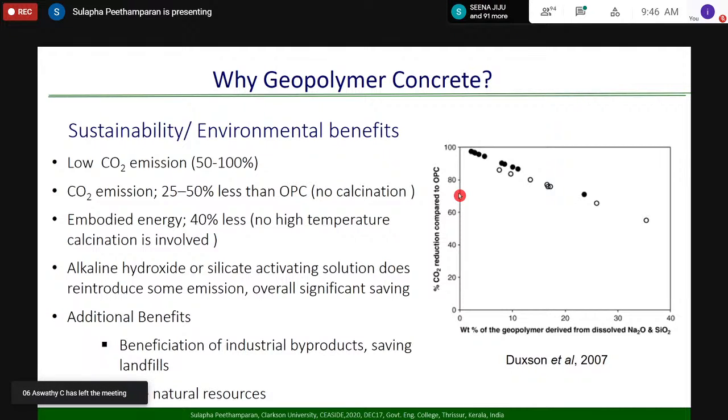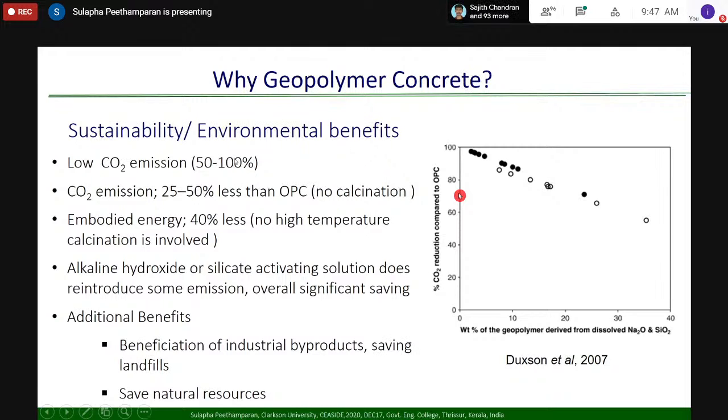So why do we need to use this concrete? This is also known as geopolymer concrete or alkali activated concrete. Mainly because of the sustainability issues, environmental benefits, utilization of industrial byproducts, and lower CO2 emission.